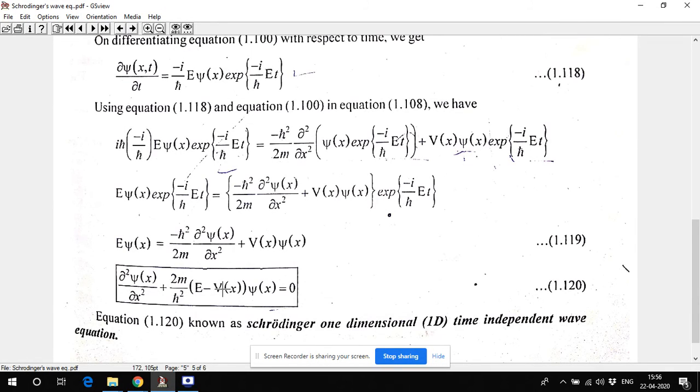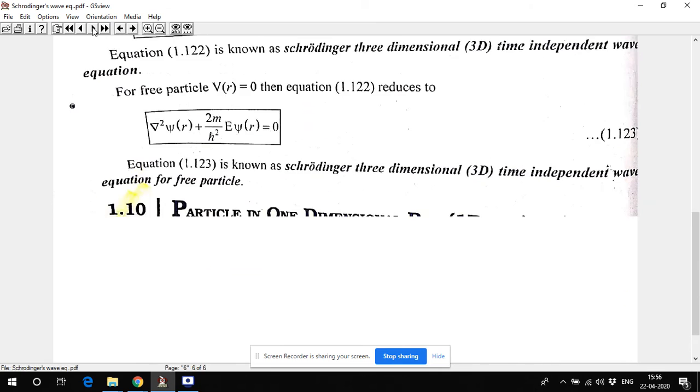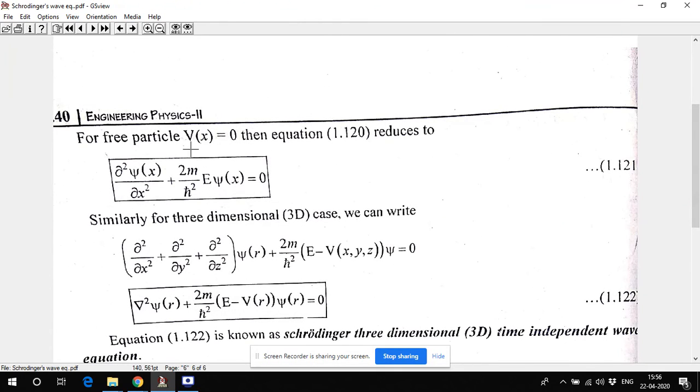So this part will be 0, and only the remaining part, 2m E upon h cross square psi(x), will be my one-dimensional time independent Schrodinger equation if the particle is free. I'll take this particular equation in my application of the Schrodinger equation as a one-dimensional box.